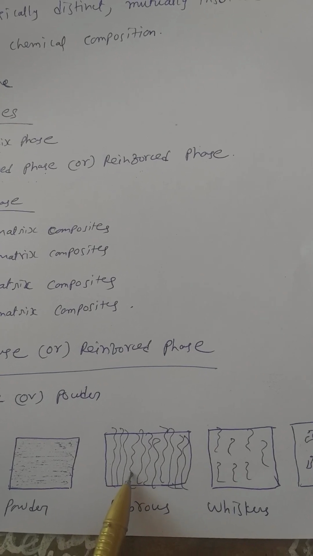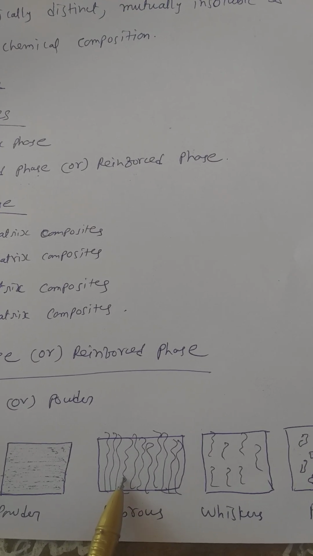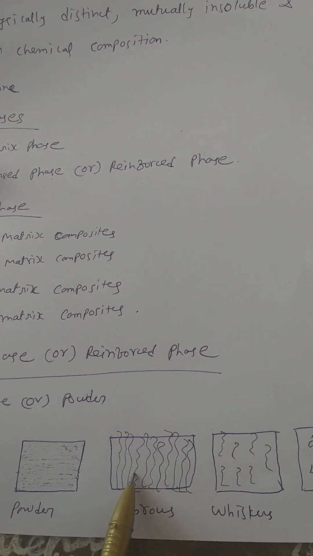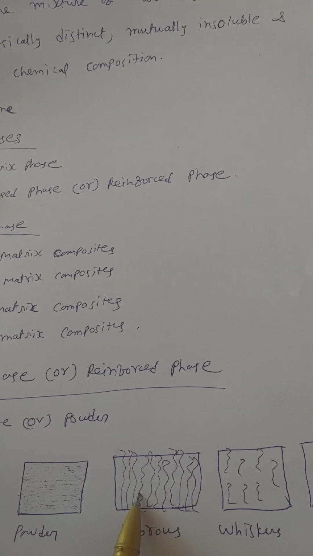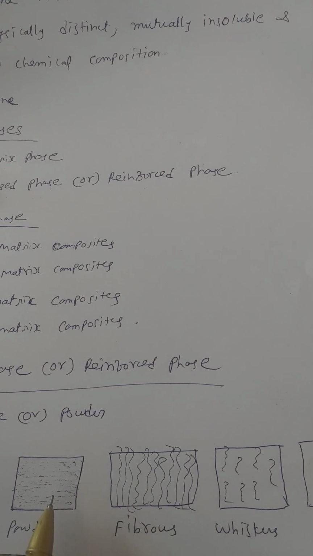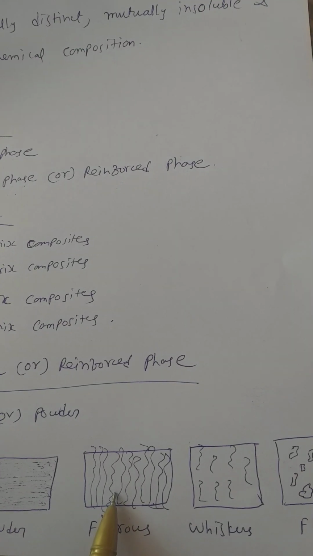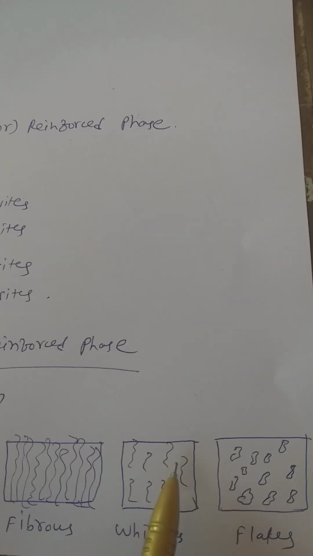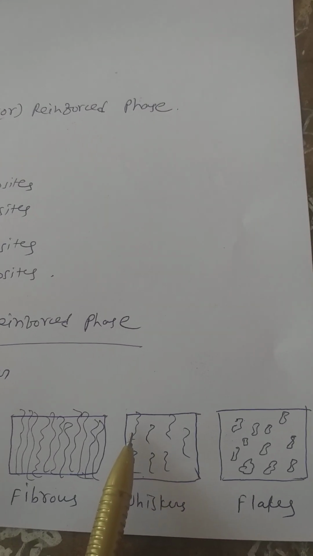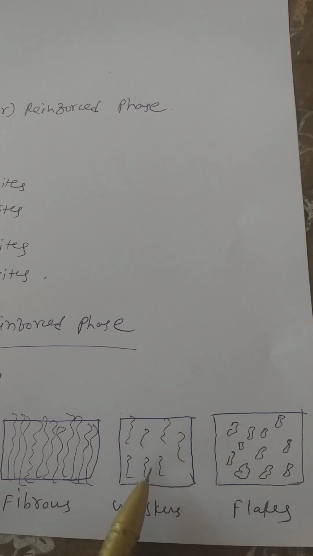If it is a fibrous form, fibers are always known for their good mechanical strength. Powder has a different quality, fibers have a different quality, and according to the place where the composite is used, the dispersed phase can be placed in the form of powder or in the form of fiber. Sometimes it also can be in the form of whiskers, which are short discontinuous fibers.